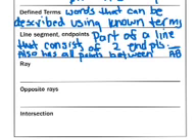A ray has an endpoint on one end, but not the other.